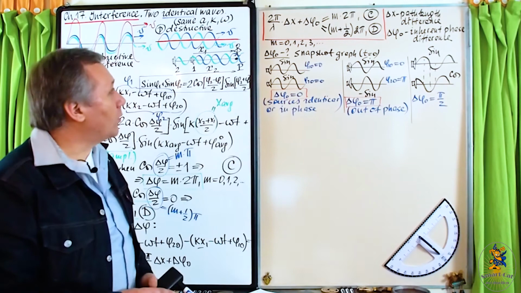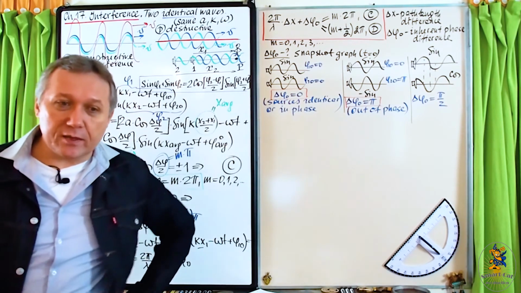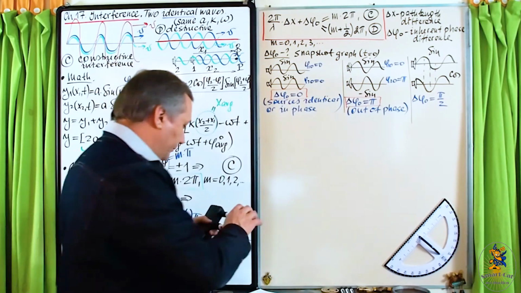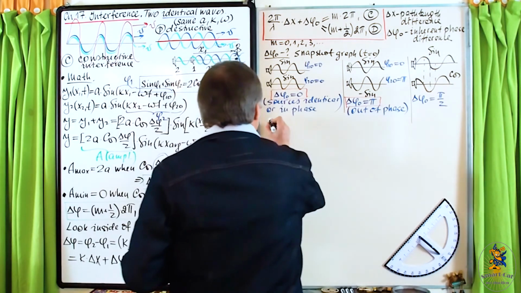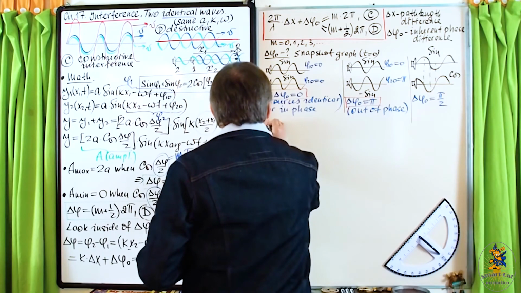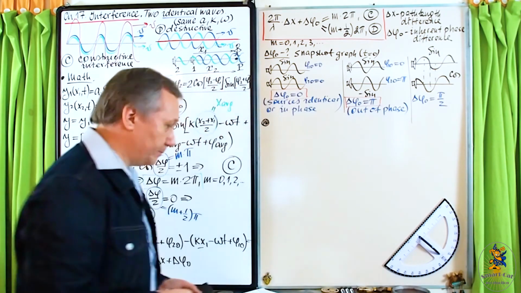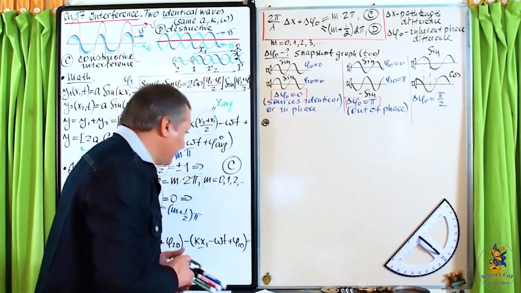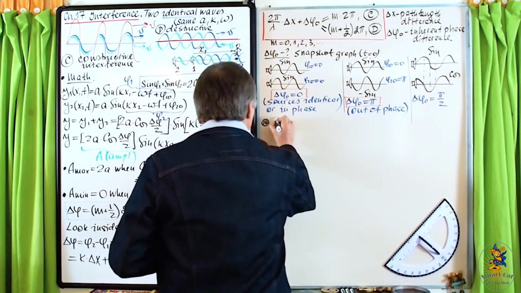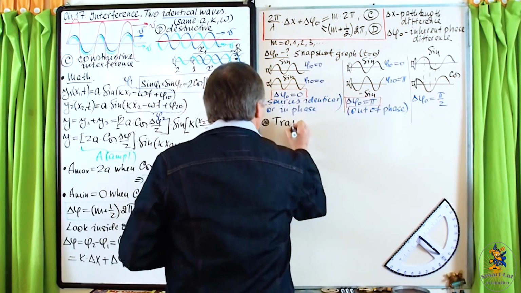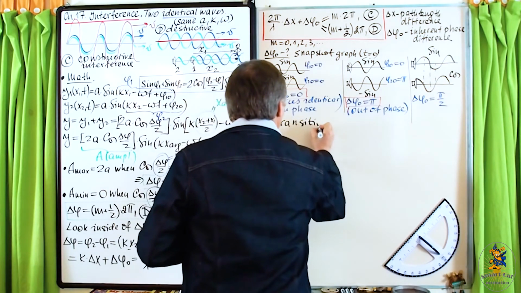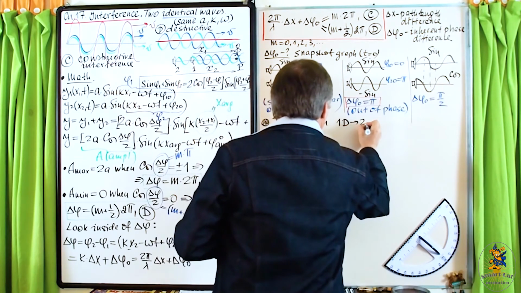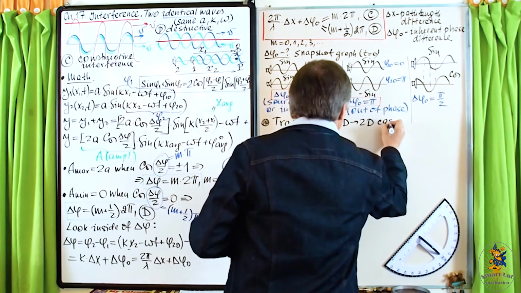Okay, so now that's what we need, and now let's make a transition to two-dimensional waves. Let me put a big bullet. So now let's make a transition from 1D to the two-dimensional case.